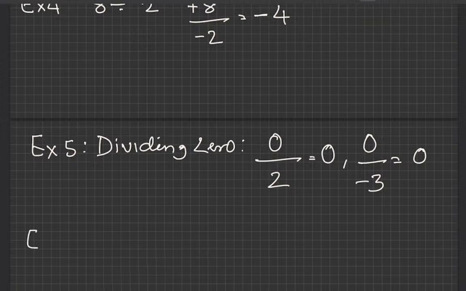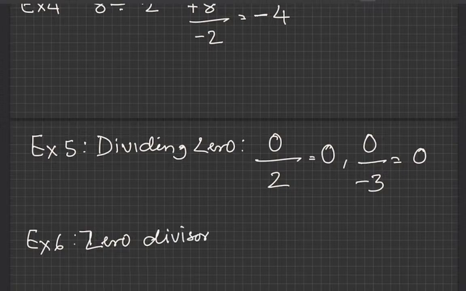The last one is when the divisor is 0, so we can call it a 0 divisor.